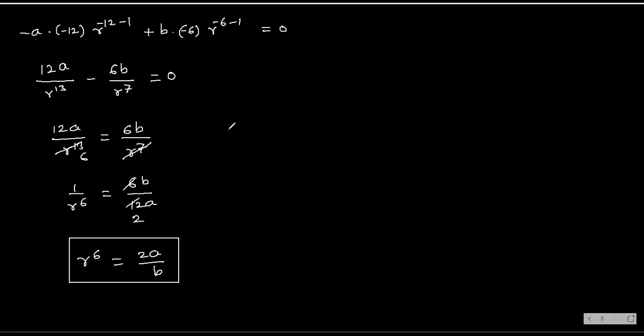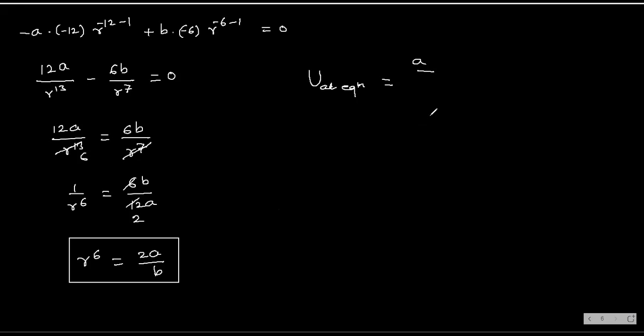Now let's find U at equilibrium. This is equal to A by R power 12 minus B by R power 6.